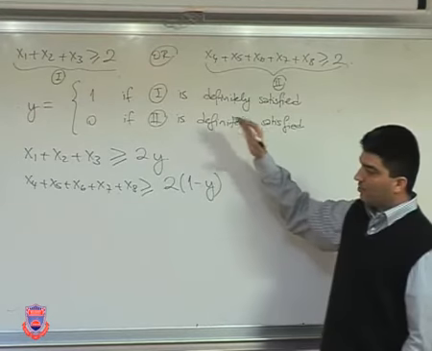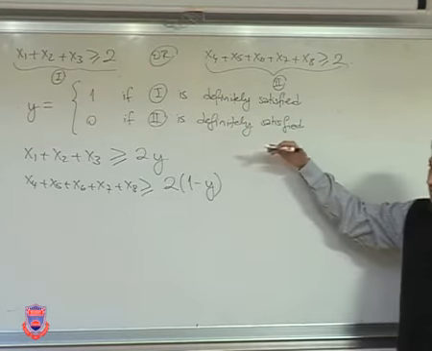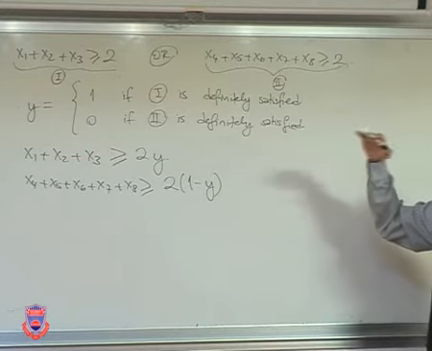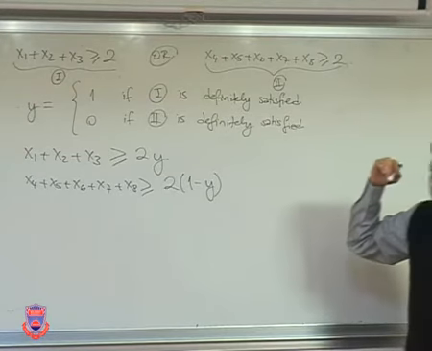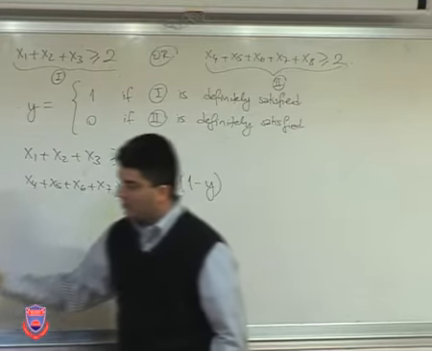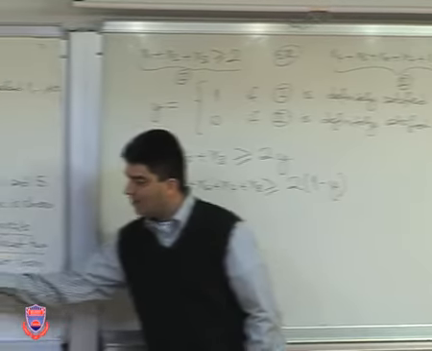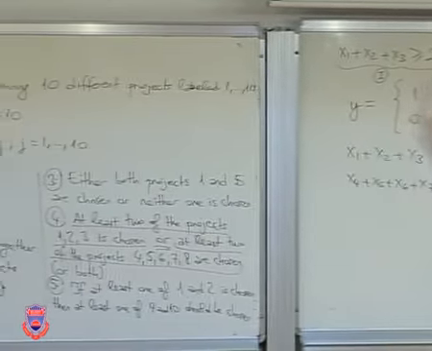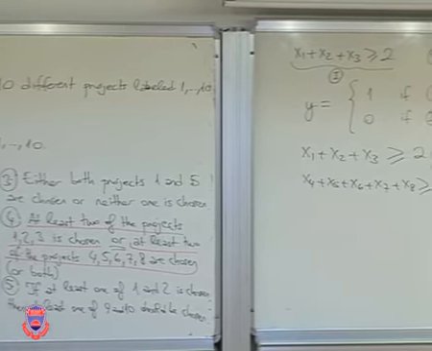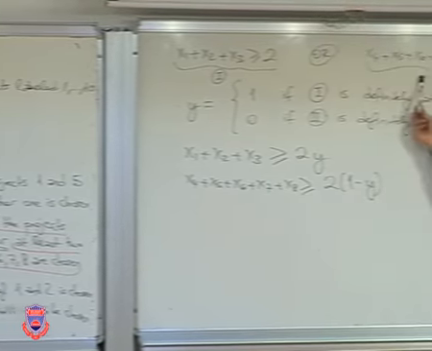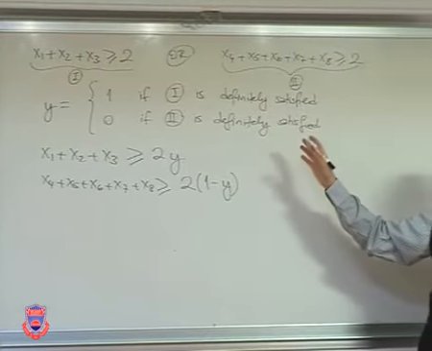Okay, so once again, one thing you have to pay attention to is the following. I want to make sure that either the first constraint is satisfied, or the second constraint is satisfied, or both of them can be satisfied as well.